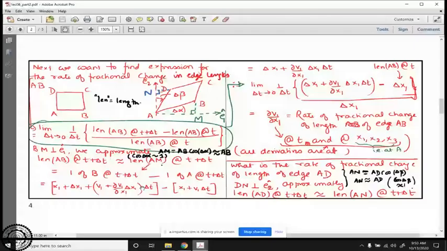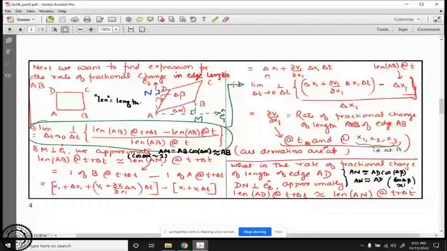And then you go back to the previous slides where we had the full expressions for both the coordinates of B and both the coordinates of A at t plus delta t. I'm just going to borrow the one coordinate of B from that derivation earlier, and one coordinate of A. And when you put that here, again a couple of terms cancel out, and you are left with this expression.